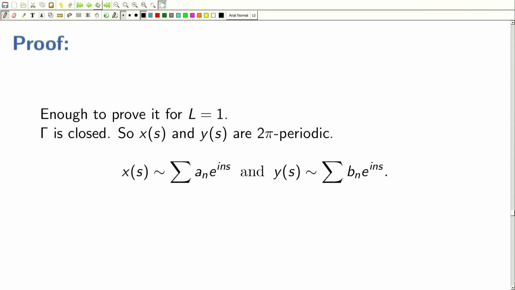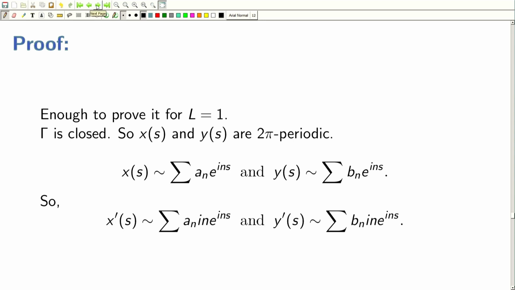Fourier series to employ. Therefore, the Fourier series of x of s is the sum of a n e to the power i n s, and y of s is the sum of b n e to the power i n s, where a n is the Fourier coefficient of x and b n is the Fourier coefficient of y.